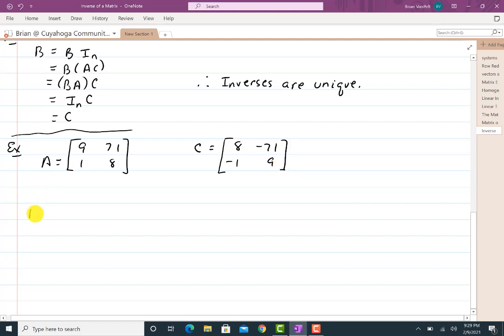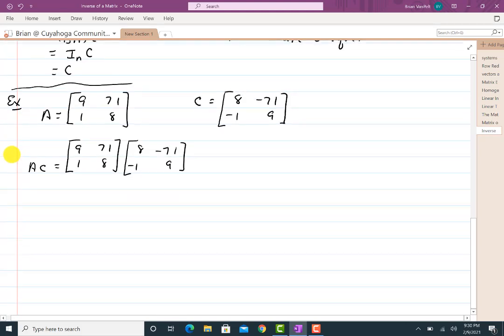Now then, when I do A times C, let's see what I end up getting. Well, let's go ahead and do our row column rule. So I take my first row 9, 71 and match it up with the first column 8, negative 1. 9 times 8 is 72, plus 71 times negative 1. That ends up being a 1.